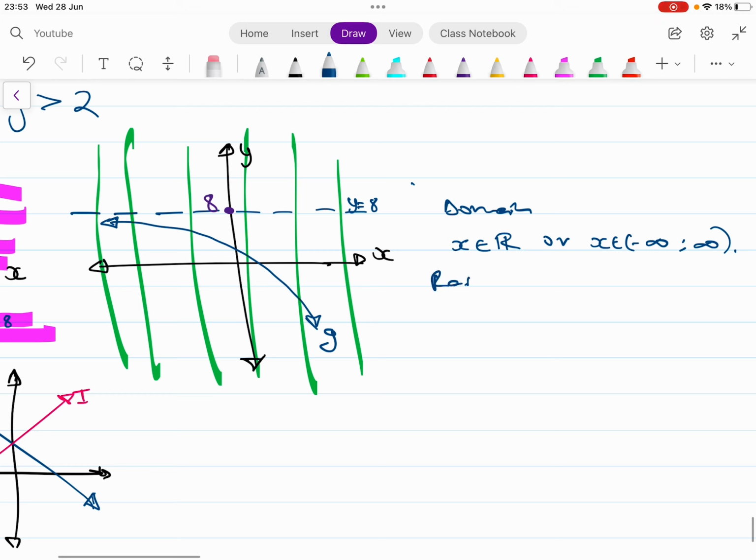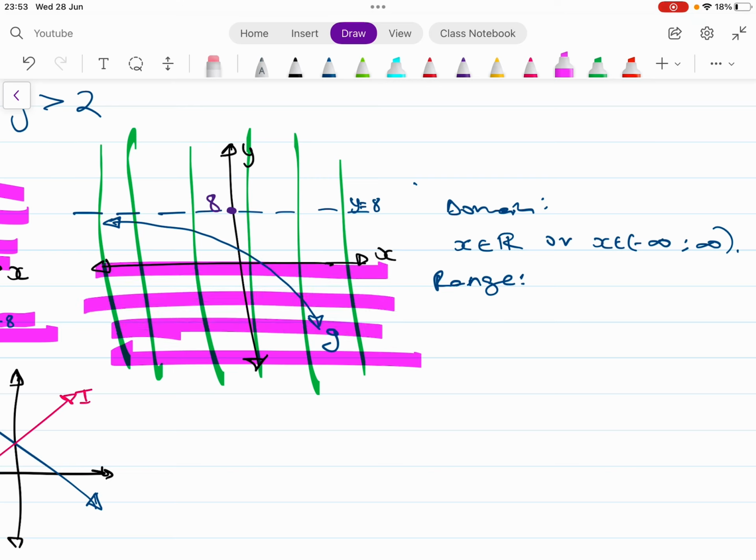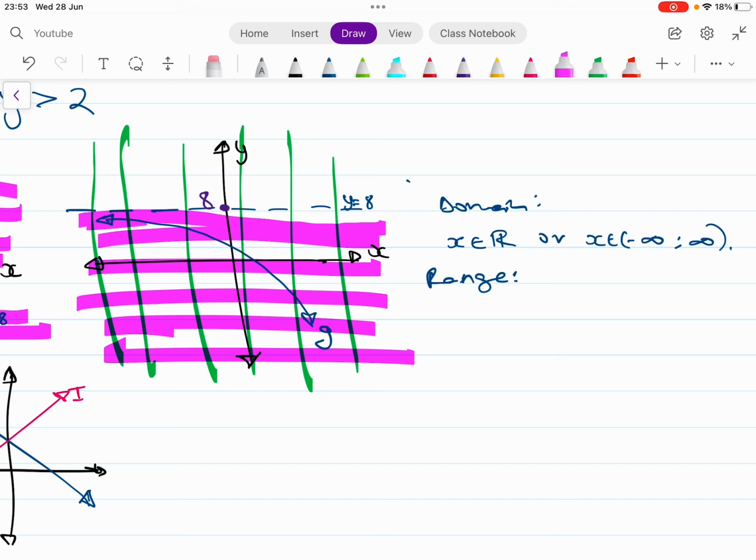And for the range, you have to draw some arbitrary horizontal lines. You can see they are touching the graph all the way until you get to somewhere just below that positive 8 there. So that is the horizontal asymptote. Then you just have to state the y values for which the graph is valid, that is, the y values that when you extend the arbitrary horizontal lines from them, they are definitely going to touch the graph somewhere.